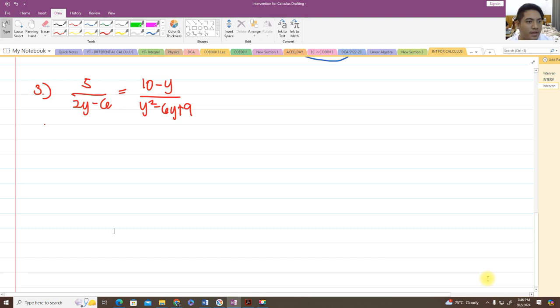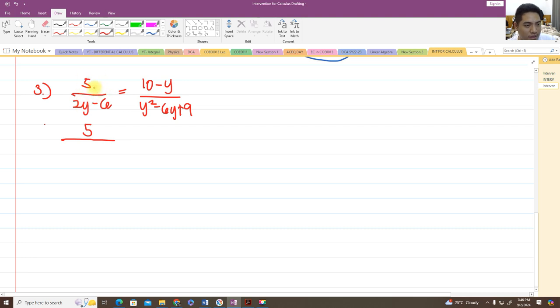Alright, so for number 3, let us try to solve this. 5 all over 2y minus 6 equals 10 minus y all over y squared minus 6y plus 9. The very first thing that we're going to do is simplify first. If we can factor something, factor it.